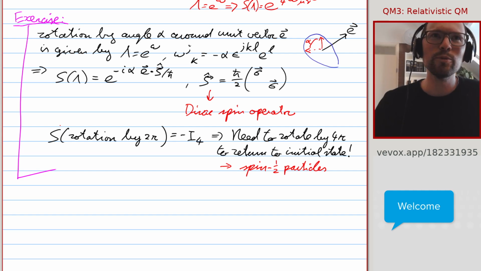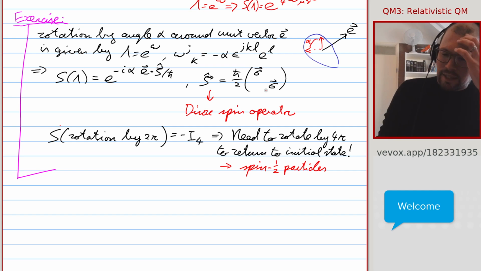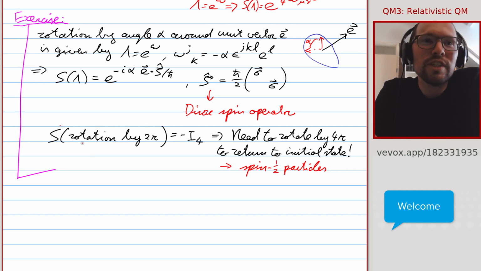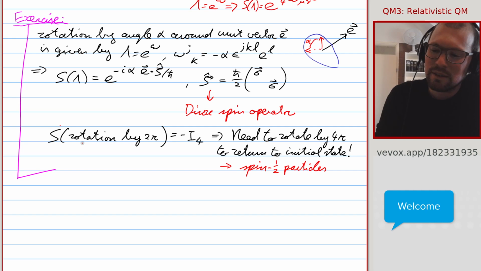This should still be a bit suspicious to you. Why suspicious? Well, what am I saying here? I'm taking a Lorentz transformation that is a rotation by 2 pi, and I say that then the spinor is mapped to minus itself.